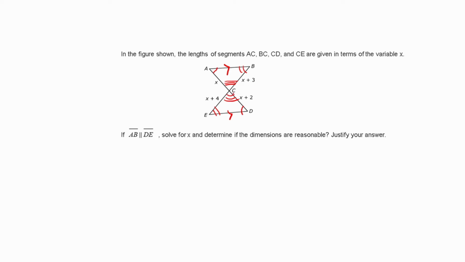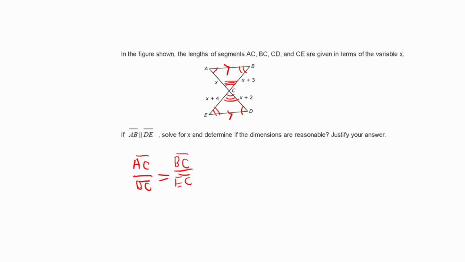And if these are similar, we could then set up ratios. The ratios will be AC over BC is equal to BC over EC, right? Now notice AC and BC are from the same triangle, so they're both up top.